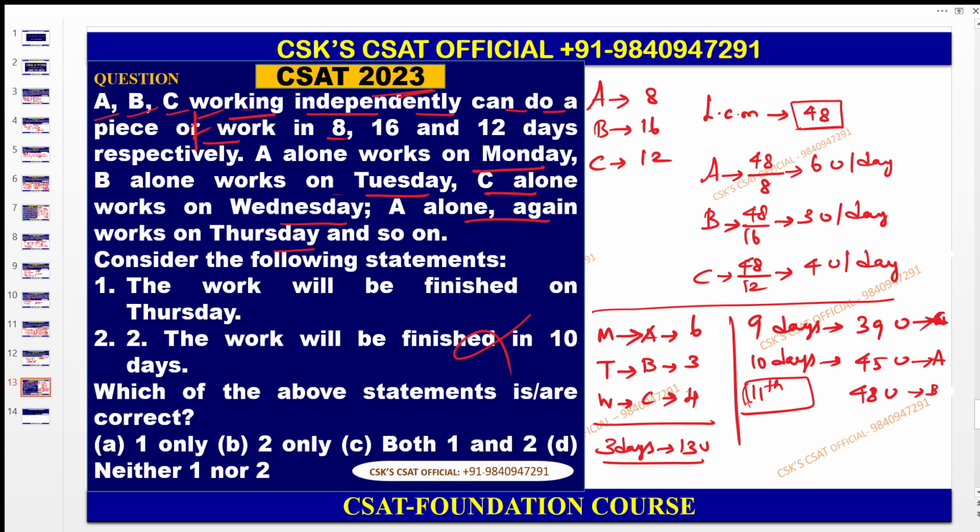Now let us come back to the first option. Every 8th day, the same day repeats. So the 8th day is going to be Monday, the 9th Tuesday, the 10th Wednesday, and the 11th Thursday. So the work will be finished on Thursday.